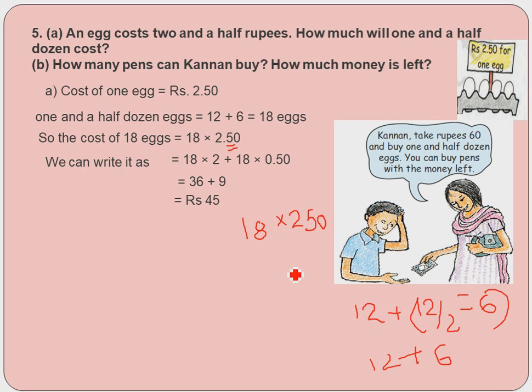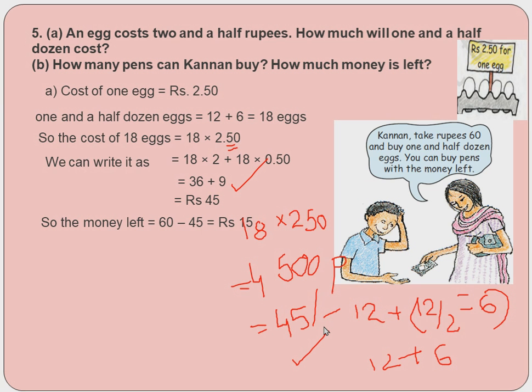So if you multiply 18 into 250, you will get 4,500, and this is in paisa. Again, to convert into rupees, you have to divide by 100. So 4,500 divided by 100 is equal to 45 rupees. Understood? Either this way you can do or this way you can do.